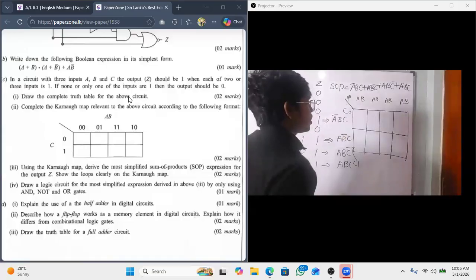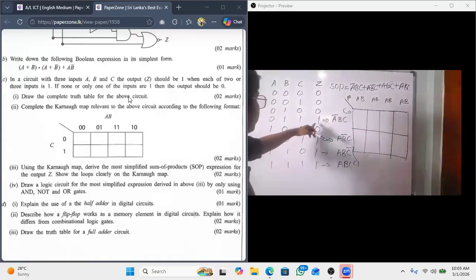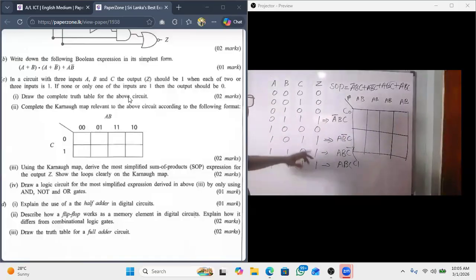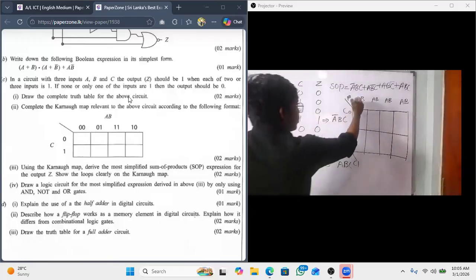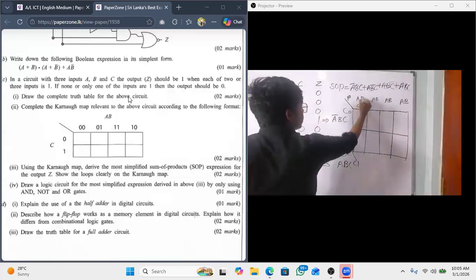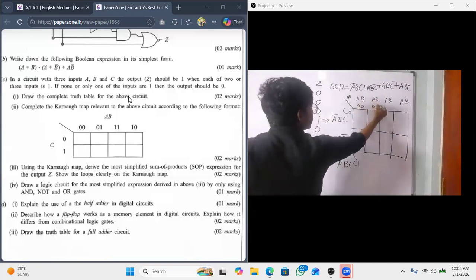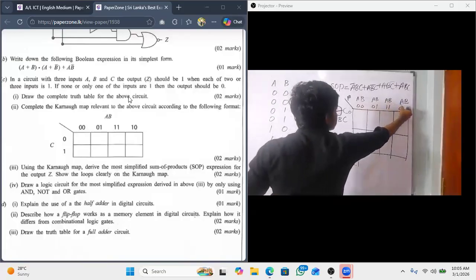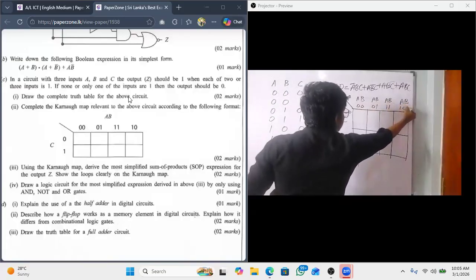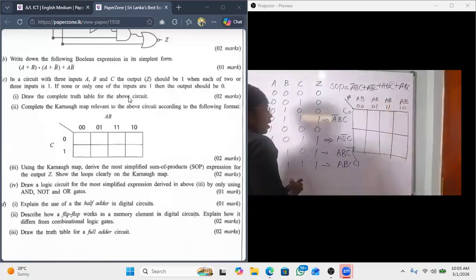Right. Now you have to put these variables inside that Karnaugh map. Look, A0, B0, then A0, B1, then A1, B1, then A1, B0. Those are my input values there.